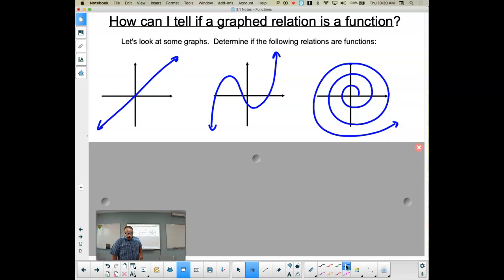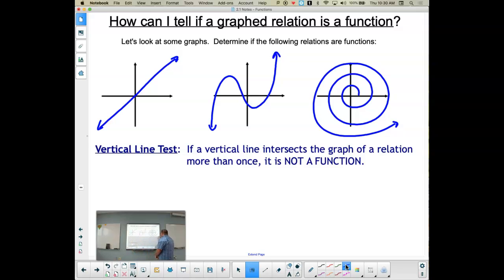All right? How do we tell? It's actually relatively simple, and every single one of you has the tools. You have multiple tools within your arm's reach right now to do that. Okay? How we do that is we do something called the vertical line test.